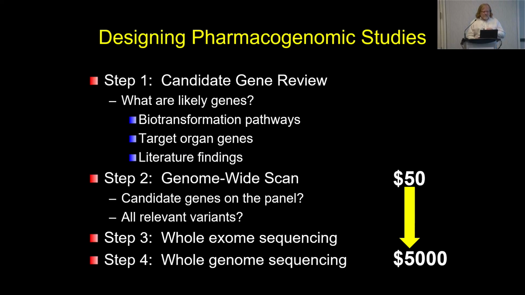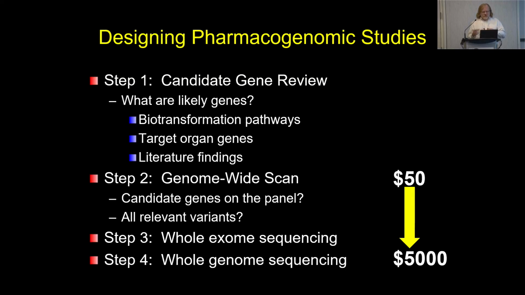And so the first thing is, what are the genes involved in biotransformation, absorption, distribution, metabolism, and excretion? What about the genes involved in the target, the receptor, so pharmacodynamic targets? And what has the literature found as relevant or non-relevant?